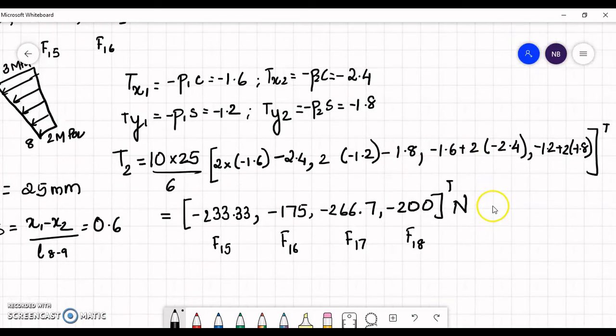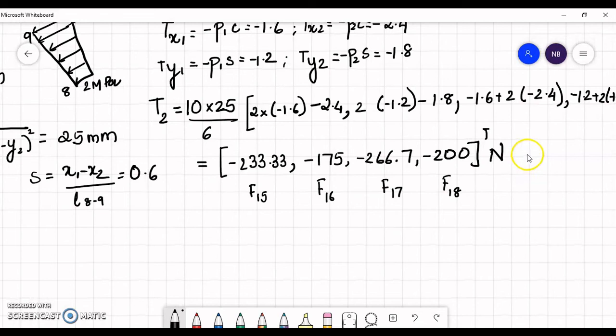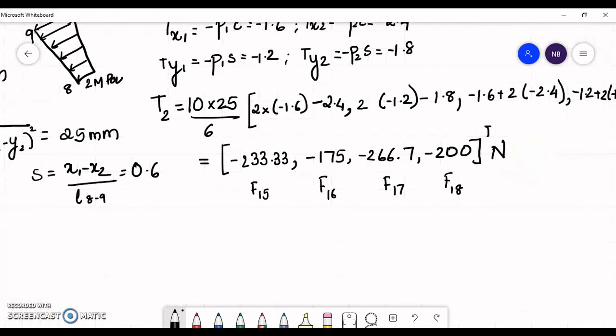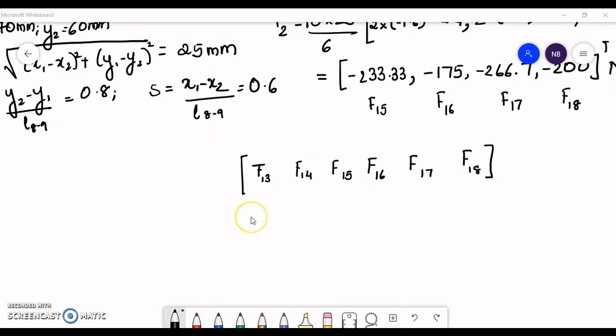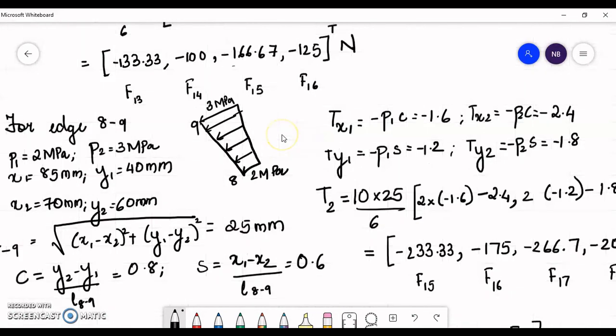Now for the entire edge 7, 8, 9, it will be F13, F14, F15, F16, F17 and F18. So combining the two vectors, F13 is minus 133.33 and F14 is minus 100.